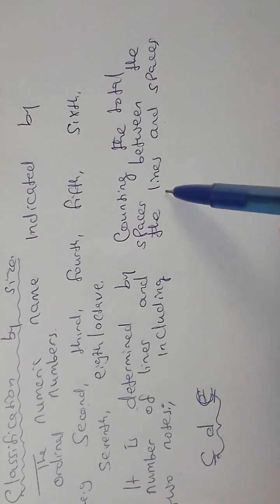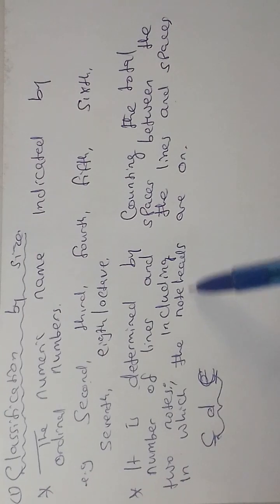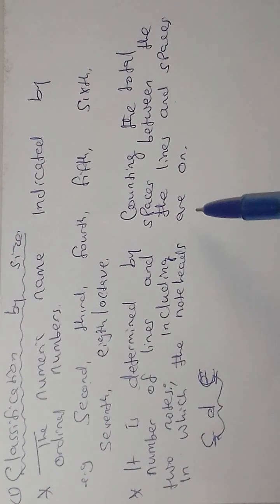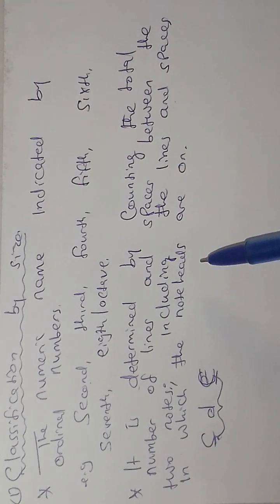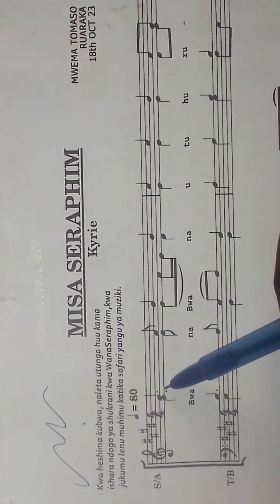For example, the interval of the 2 notes over here, you can see the first note is on the first line in the G clef, and the second note is on the second line. Therefore, we include the line or space of the first note. We count that line or space as number 1.